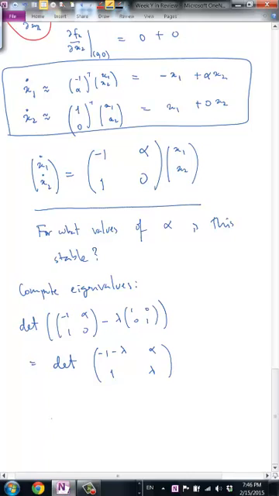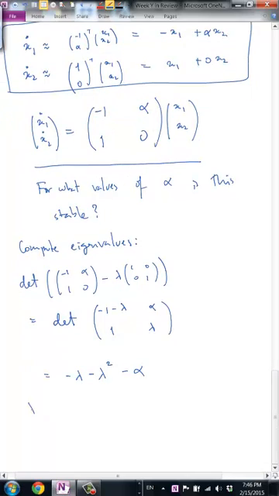This is equal to lambda squared plus lambda minus alpha, up to sign.